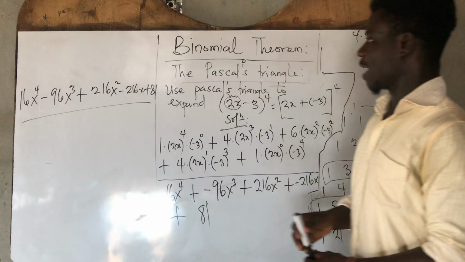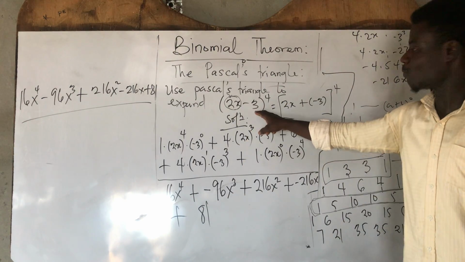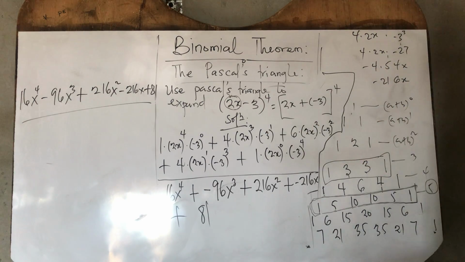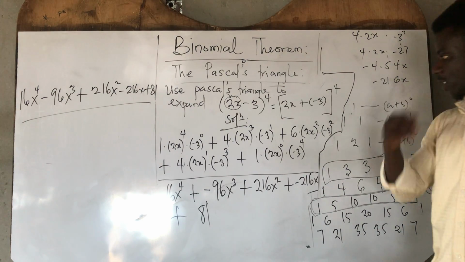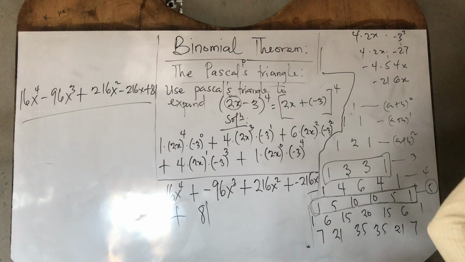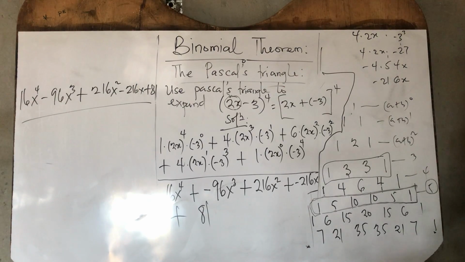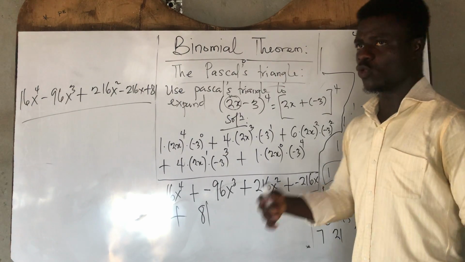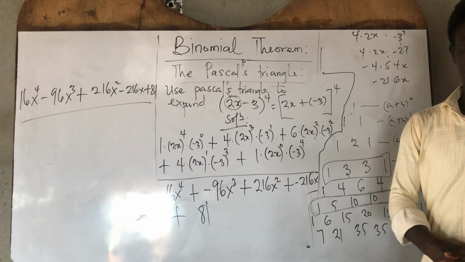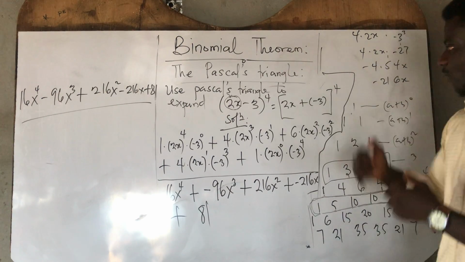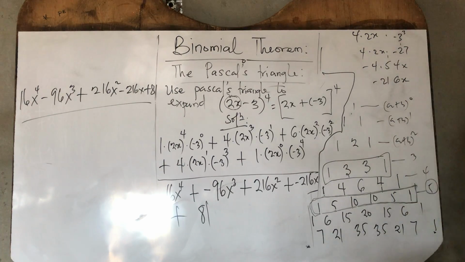So that's the expansion for (2x minus 3) all to the power 4. So you have to take note in writing it. Watch it very carefully. Then I give you 3 questions, you try it yourself.